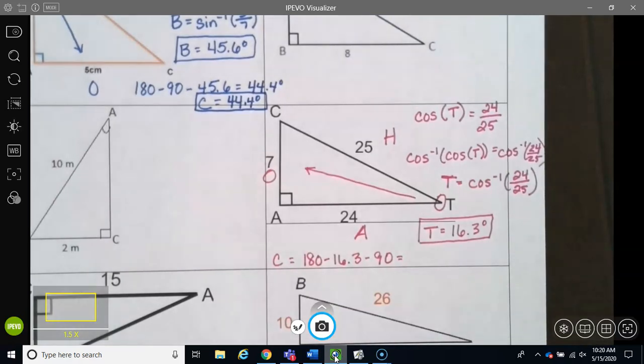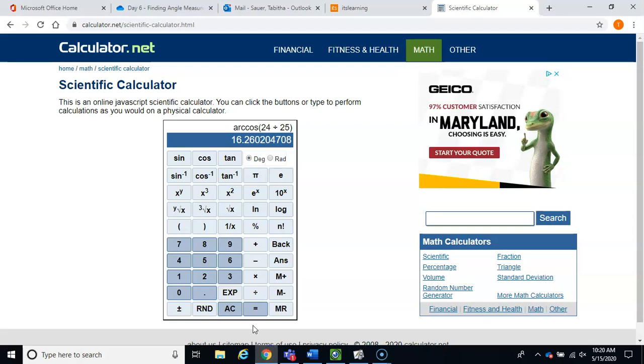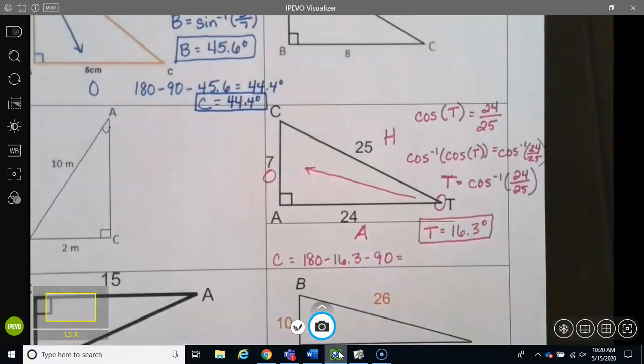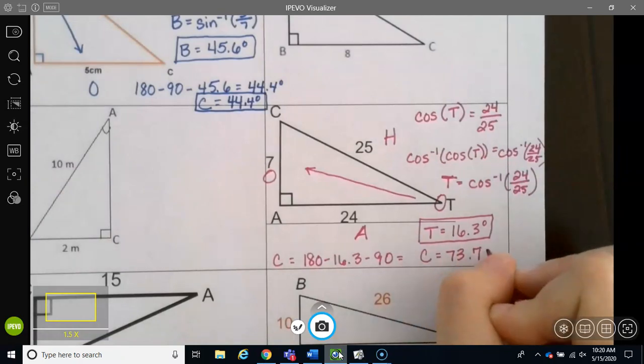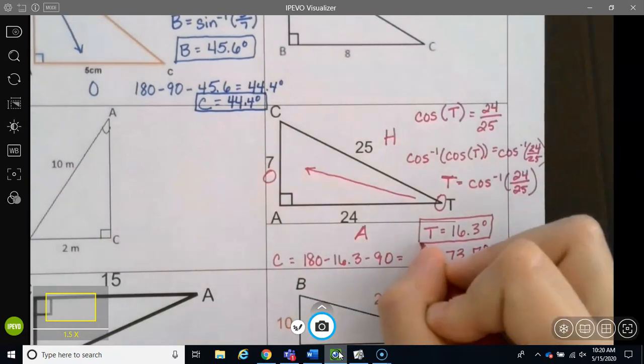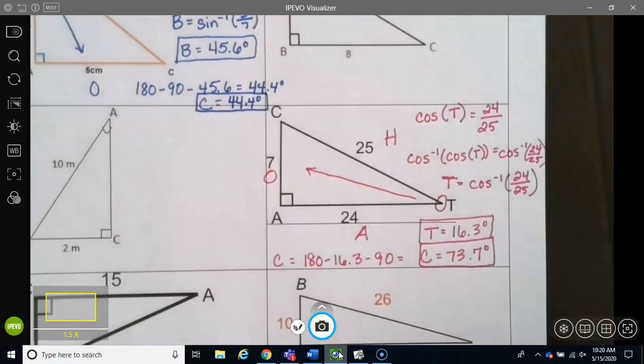And that tells us that last angle left over. So 180 minus 16.3 minus 90, and we get 73.7. So there's our 2 missing angles.